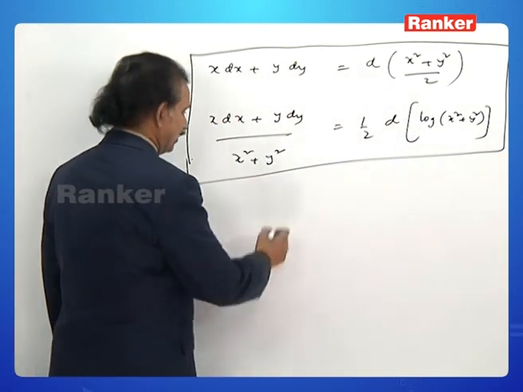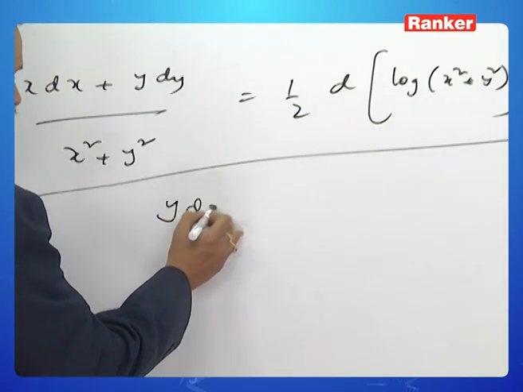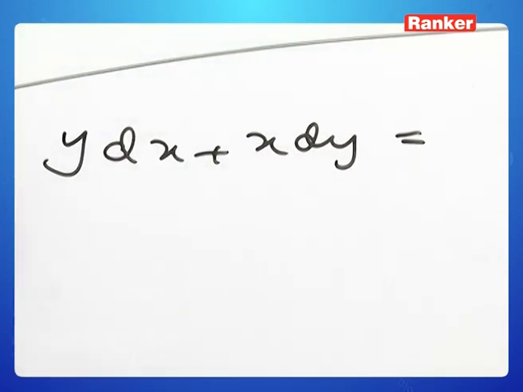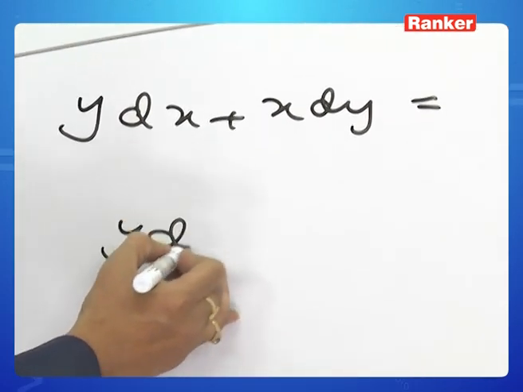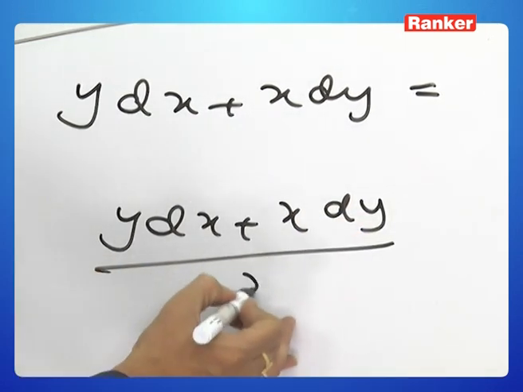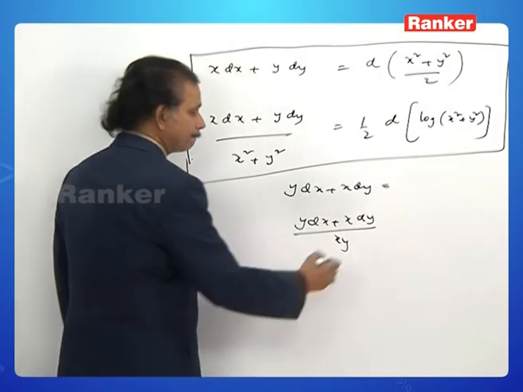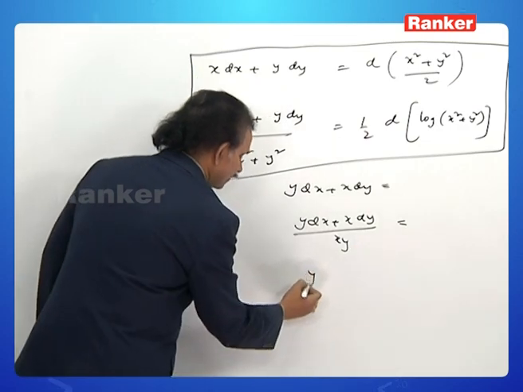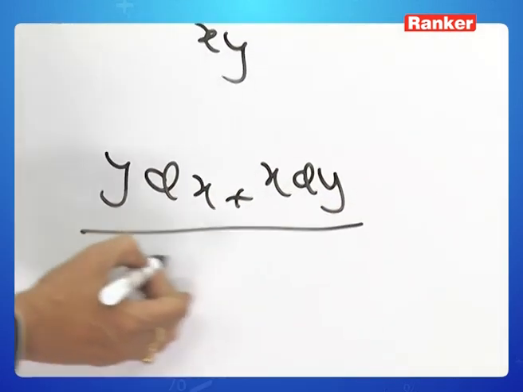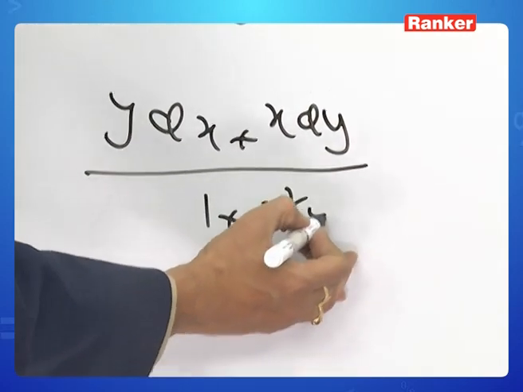Well done. Next one. y dx plus x dy, y dx plus x dy by xy, y dx plus x dy by 1 plus x square y square.